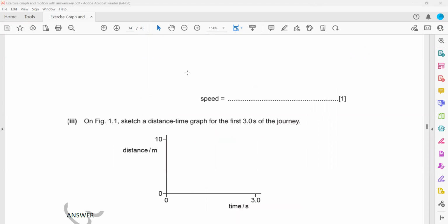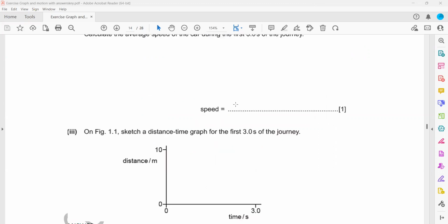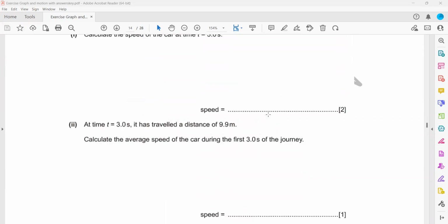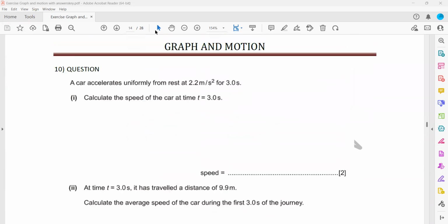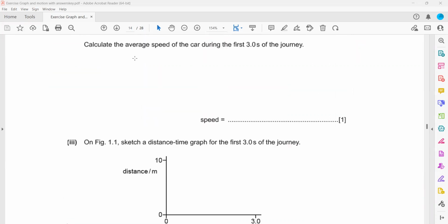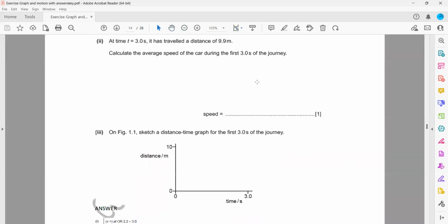Then on figure 1.1, sketch a distance time graph for the first 3 seconds. As I mentioned, the car is accelerating, and in the first 3 seconds it covered 9.9 meters. It does not cover 10, it covered 9.9 meter in 3 seconds. And it is accelerating. So how to draw a graph for an accelerating object?